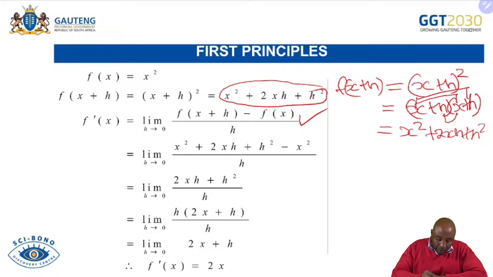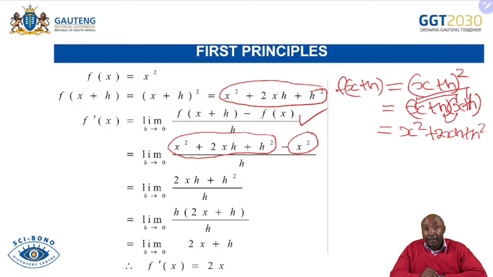So I have substituted that on the numerator. That's our f of x plus h. That's our f of x. You will realize I have x squared there and I have x squared there. X squared minus x squared gives me 0, meaning I'm now left with 2xh plus h squared all over h. And then I'm now able to evaluate the limit.